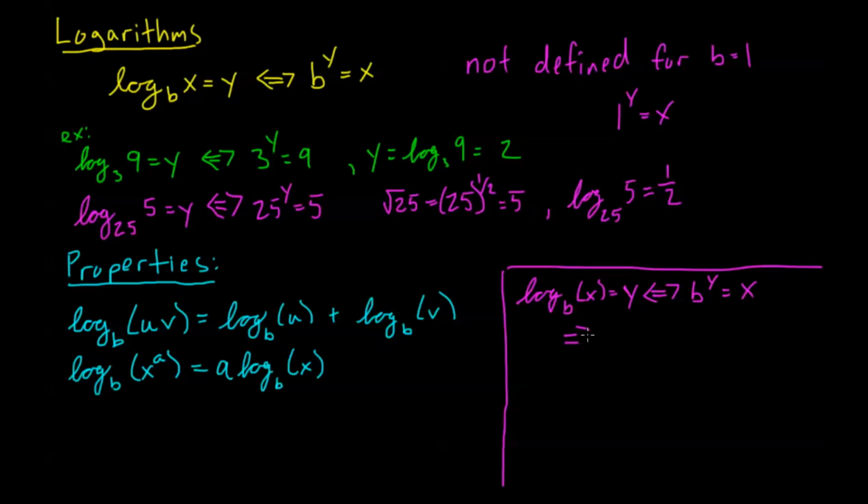Well, if b to the y equals x, that means that x to the a equals b to the y to the a, or equals b to the a times y.